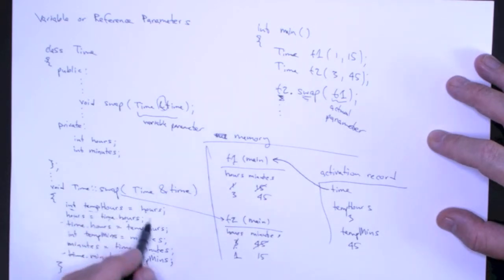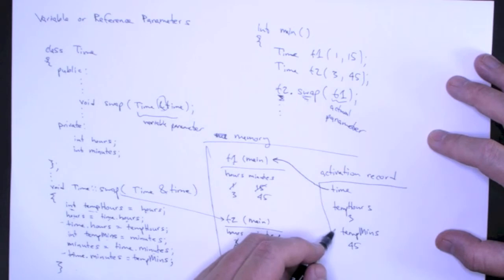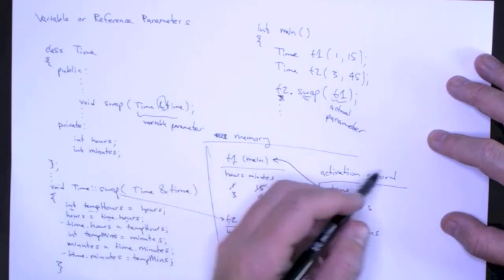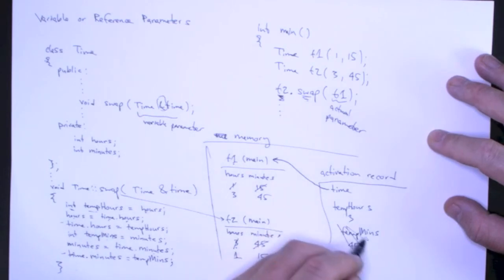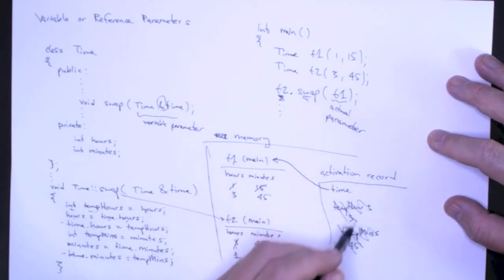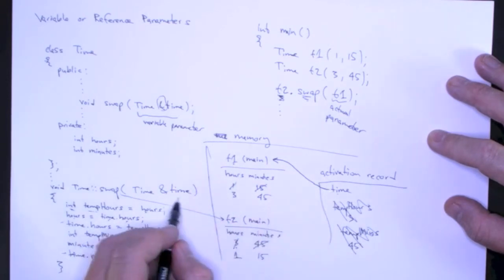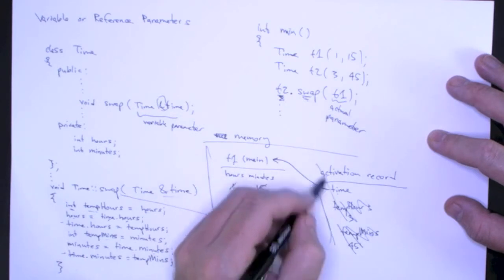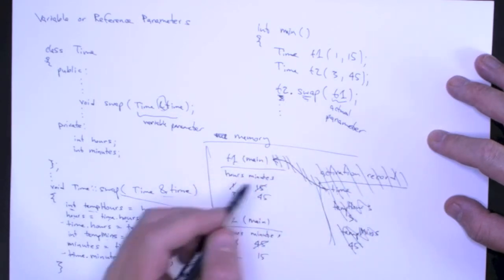Now when this method terminates, and again, put in some cout statements in here to kind of watch what's going on, this activation record goes away, it's deallocated, so any local variables, temp minutes and temp hours, those are deallocated, and the ability to refer to T1 as time, this parameter, that also ceases. Okay?